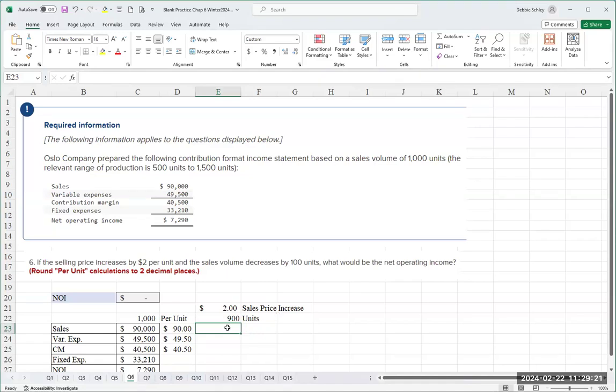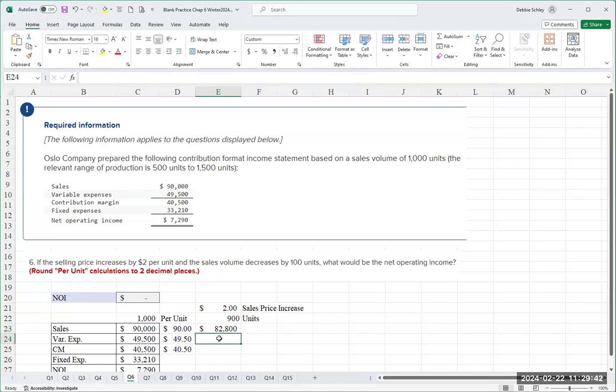So my total sales for 900 units will be, open parentheses, the 90 plus the $2, close parentheses, and then times the 900 units.